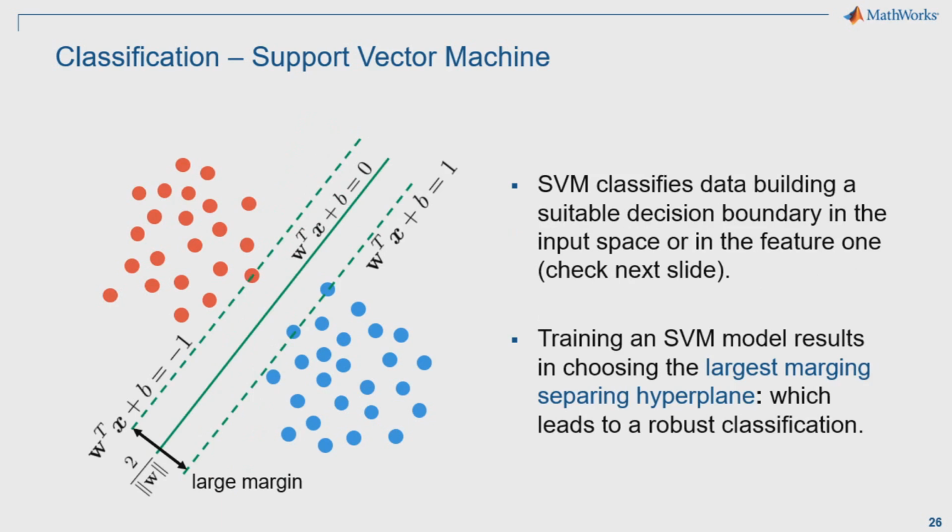There is a classifier able to do this, called, as I said, the support vector machine, and it is used to find the largest margin separating hyperplane.